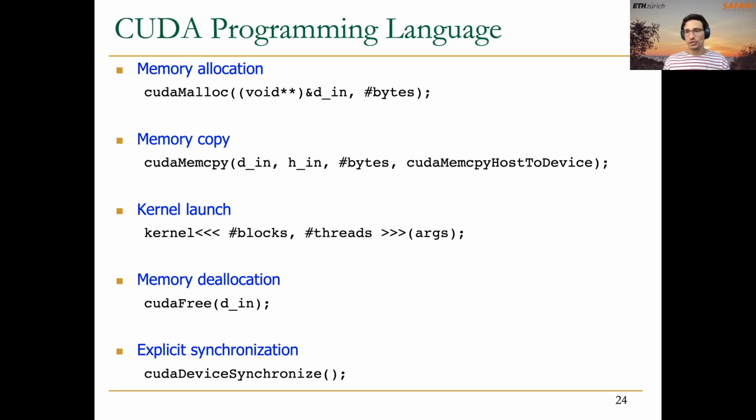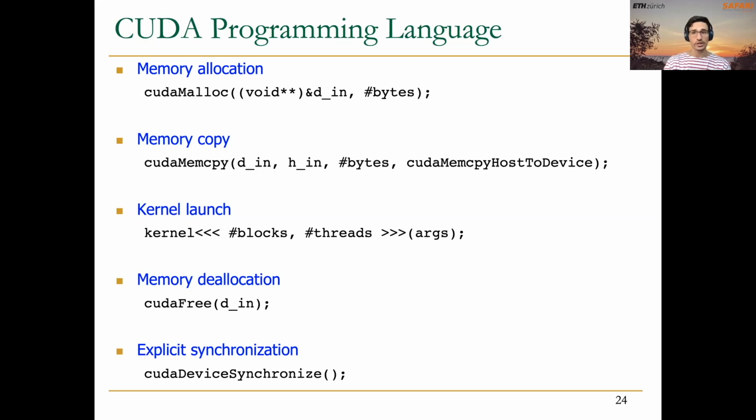But if this thread eventually wants to know exactly when the GPU kernel has terminated, it needs to use this cudaDeviceSynchronize. And after the cudaDeviceSynchronize, it can start, for example, using the values and the data generated on the GPU side.